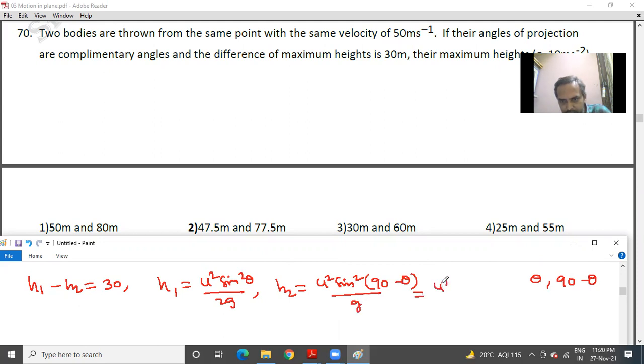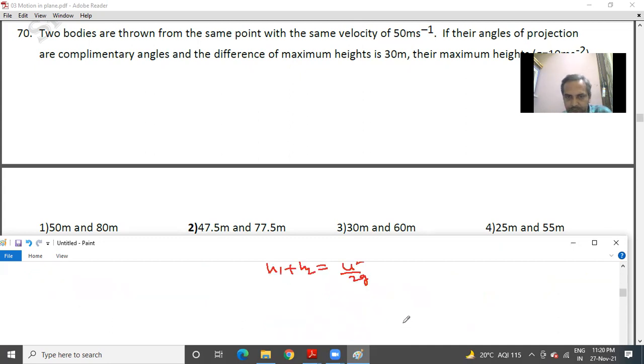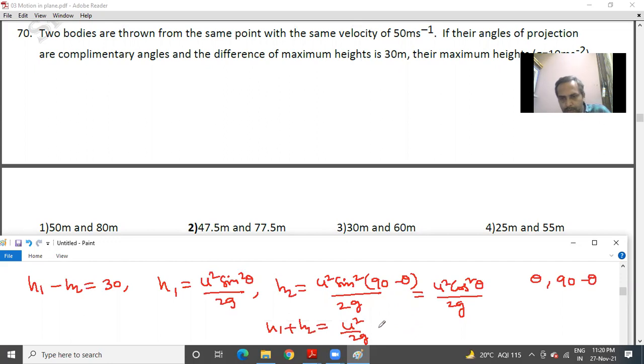So this will be u square cos square theta by 2g. So if you add these two, you will get h1 plus h2. u square by 2g you have to take out common, cos square theta plus sin square theta.